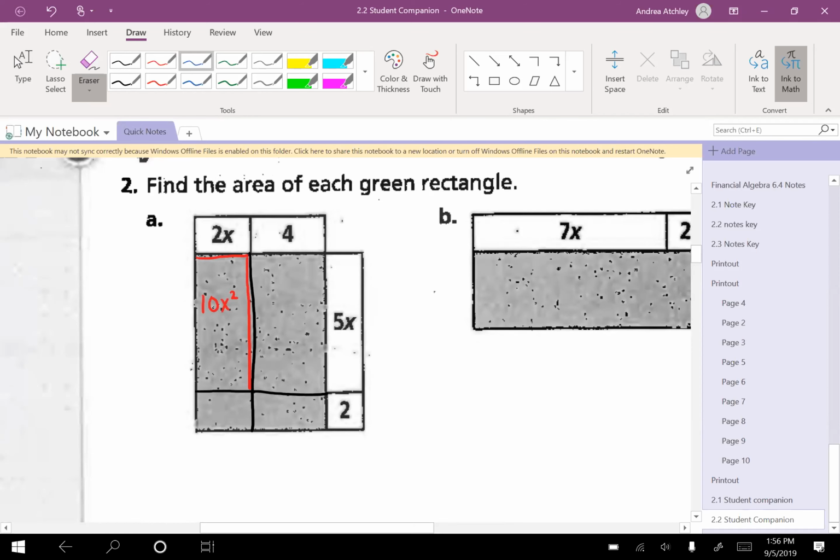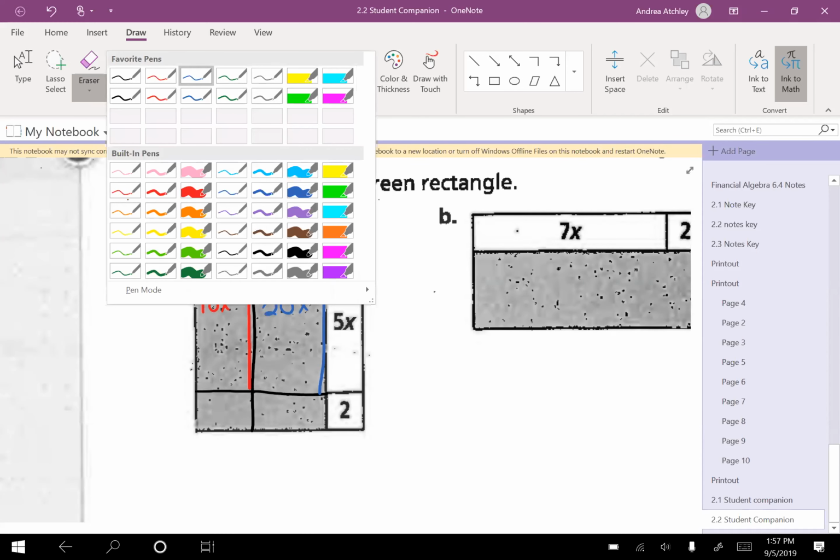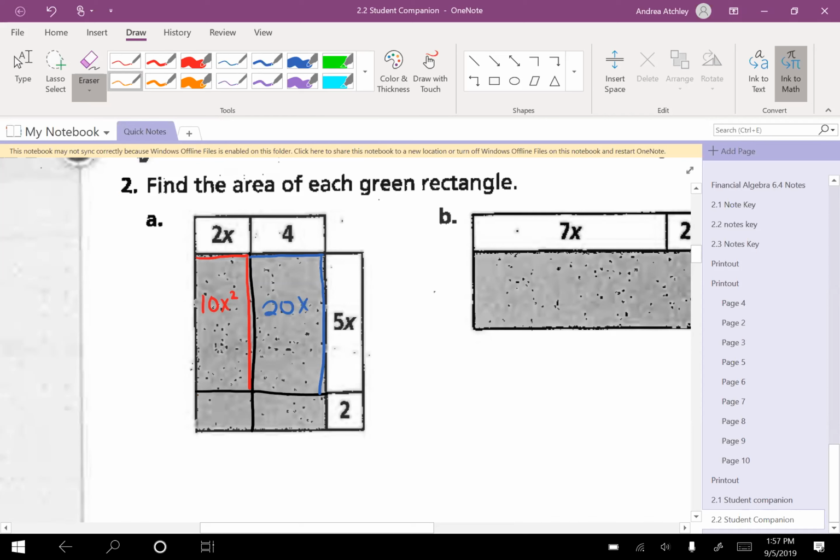Then we multiply this length of 4 times this width of 5x, and 4 times 5x is 20x. Then this length of 2x times this width of 2: 2x times 2 is 4x. And then this length of 4 times this width of 2 gives 8.